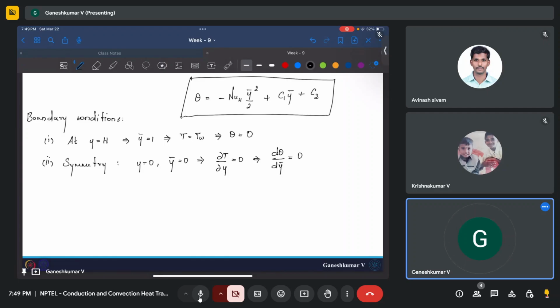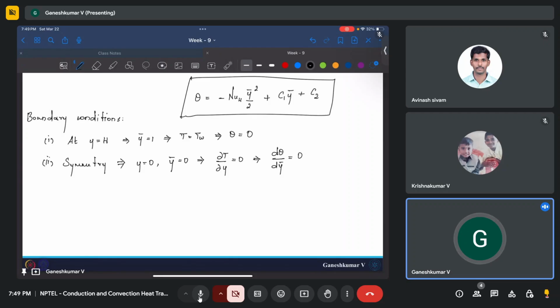Okay, which means it's reaching a maximum or minimum at the center line. Now let's substitute these boundary conditions. Let's substitute the second one first, it doesn't matter, so that it is easier for us to solve.